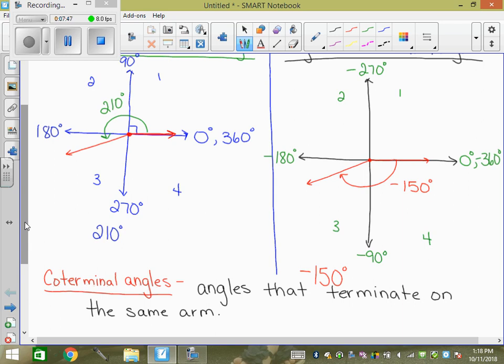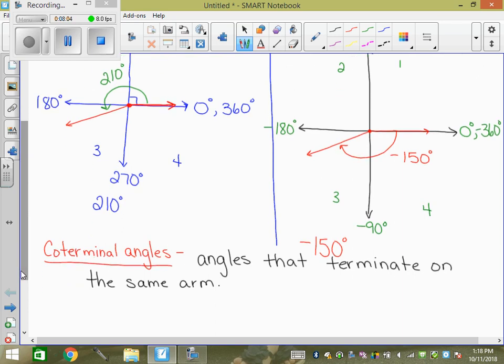To end on the terminal arm, you would have to rotate 360. 360 is a full circle, is it not? If I rotated a full circle, would I not just end up on the same arm? Yes. So a quick way to find coterminal angles is to either add 360 or subtract 360. Because if you went from the negative, you could add it. But if we went from the positive, we could subtract it, and we'd end up on the same arm.